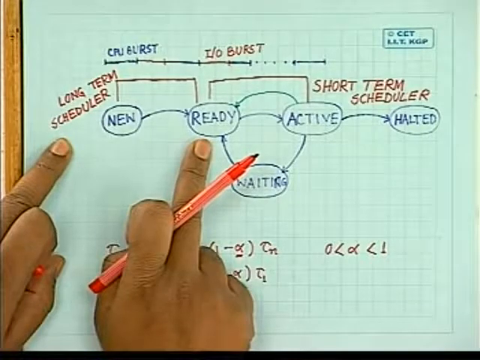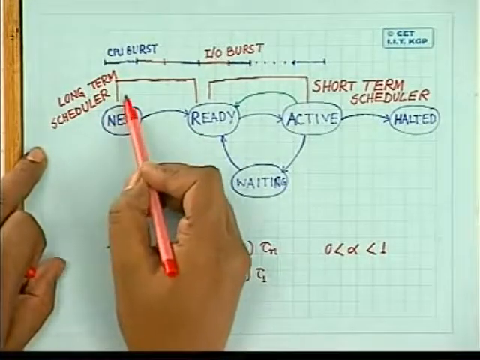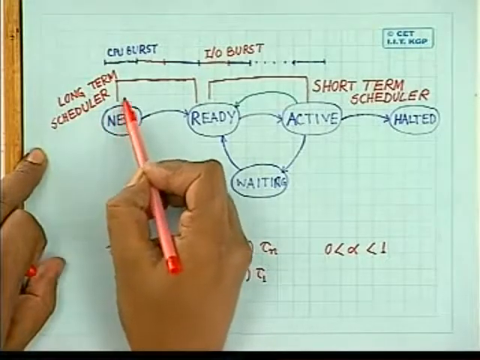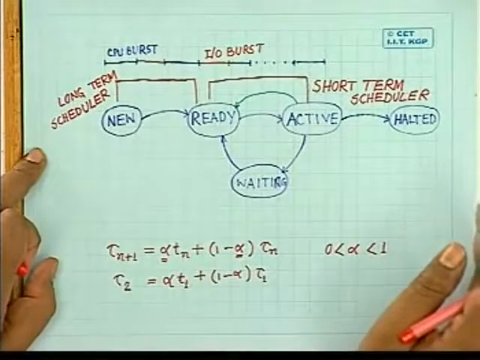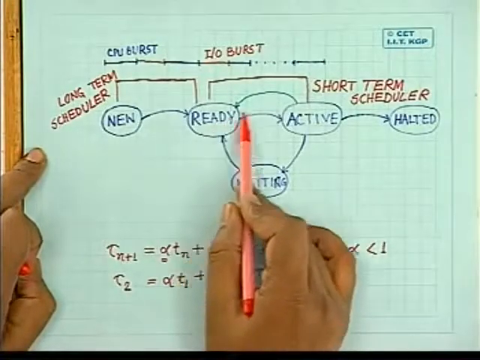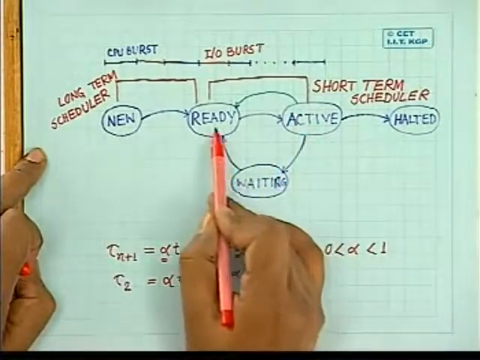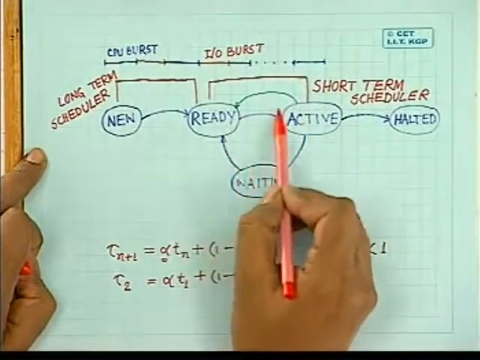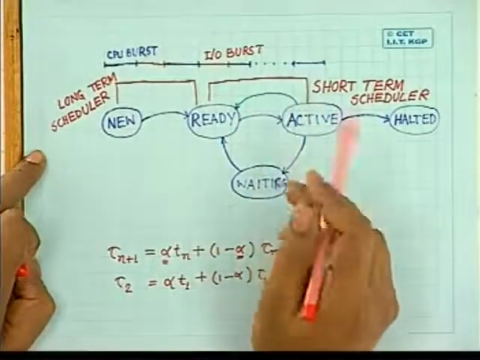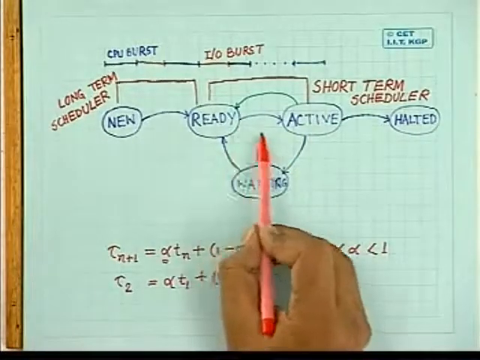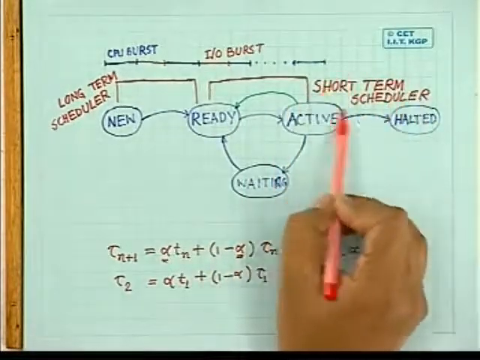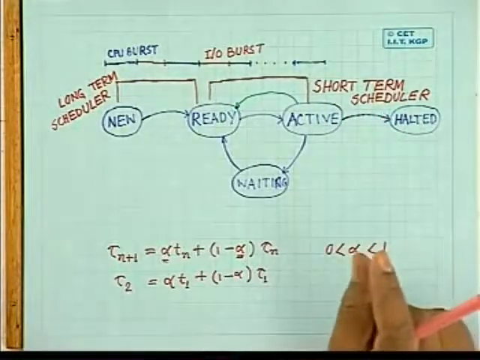You find that the duration of the long term scheduler's decision is quite long, because a job will move from ready to active to waiting to ready, or ready to active to ready. This cycle will continue for a long time, that is, the entire lifetime of the job. Whereas the scope of the short term scheduler is very short.